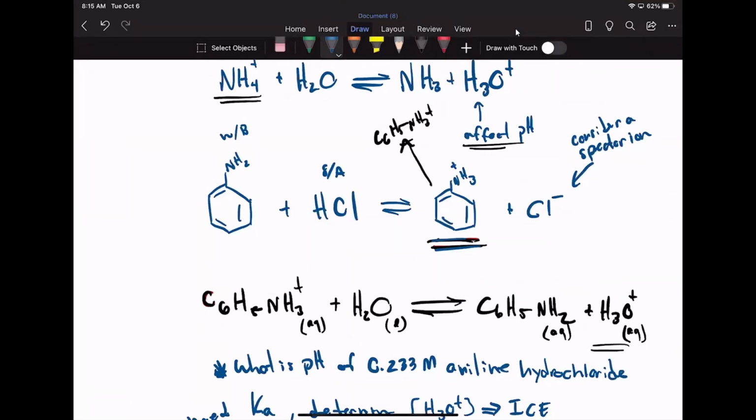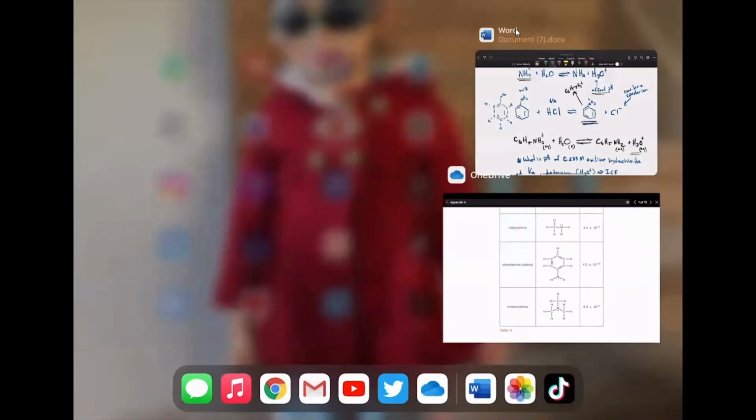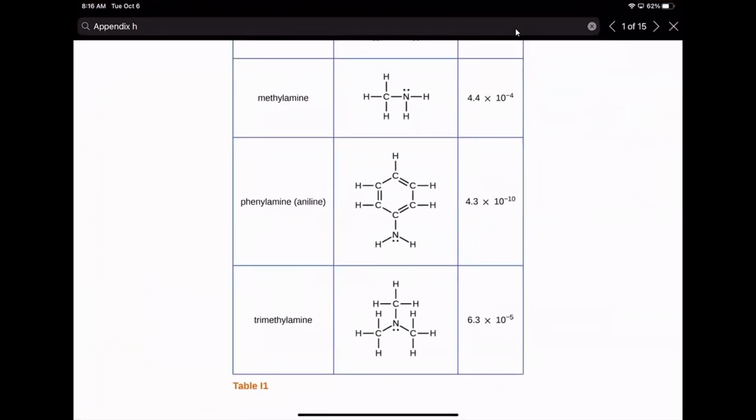So we have the ion structure. We just have to match that up here. Then we have hydrogens out here. All right, so we have this structure here, and where it says phenylamine, aniline, it looks like aniline.